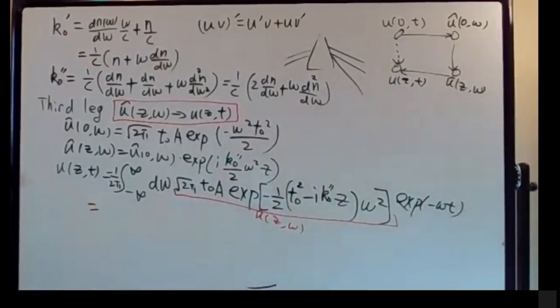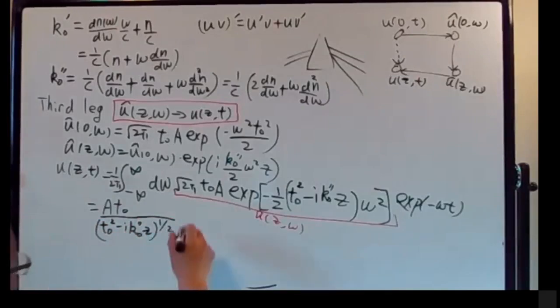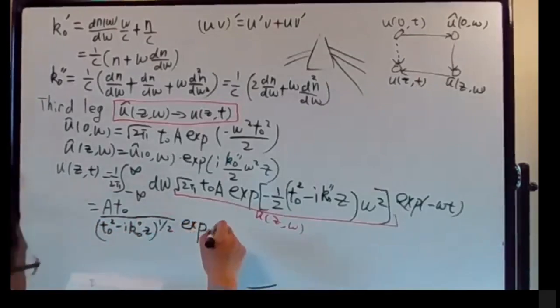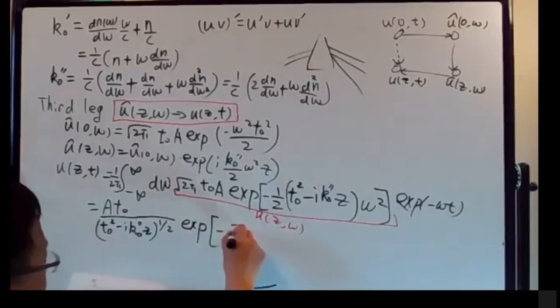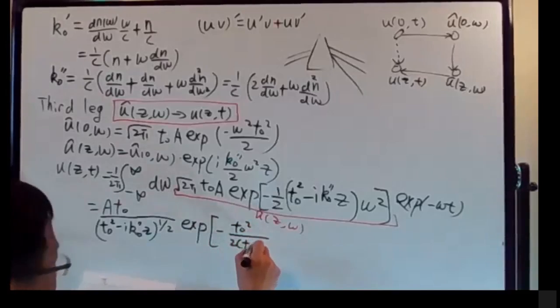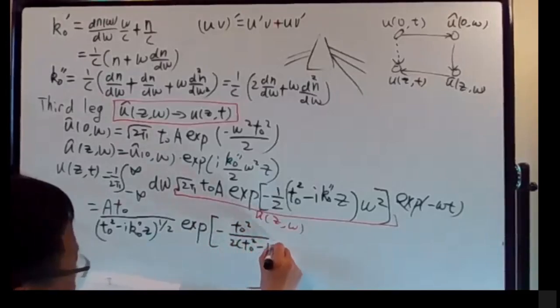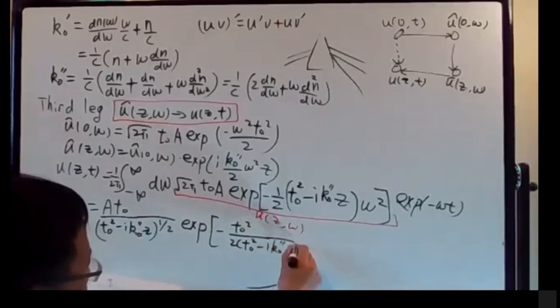Overall, we're not a math class, we are an engineering class, and it's just an example. So this is the result: T naught minus i k naught double prime z, take a square root. Although there is a lot of math, we focus more on understanding the physics. So it's negative t squared over 2 times T naught squared minus i k naught double prime z.